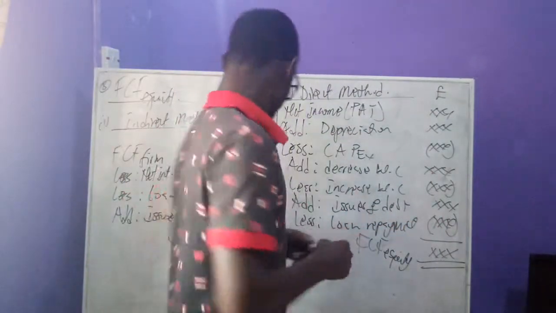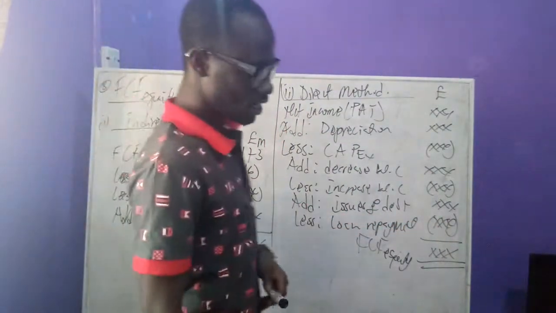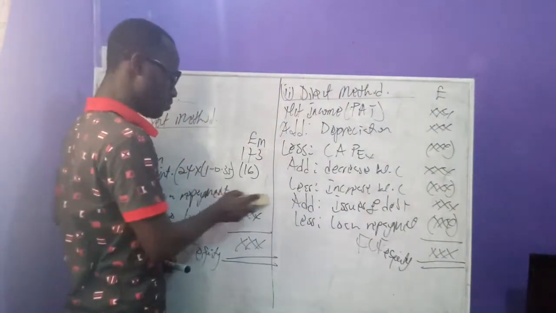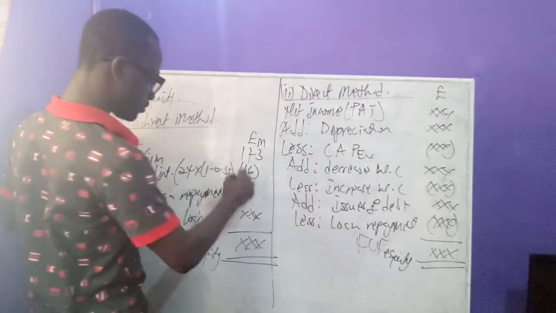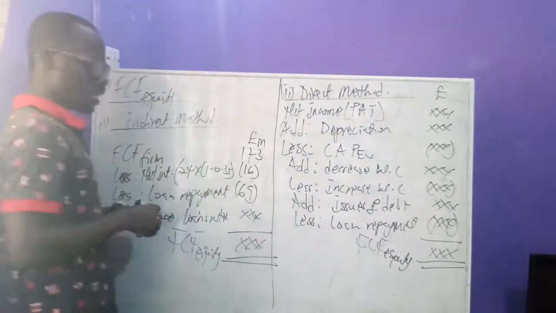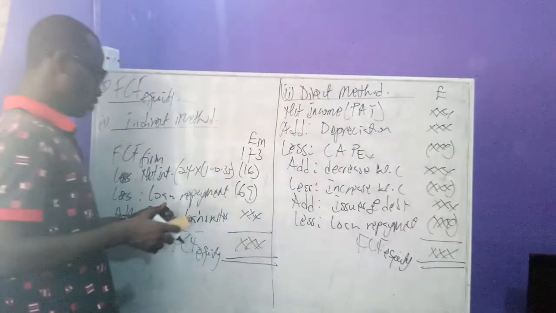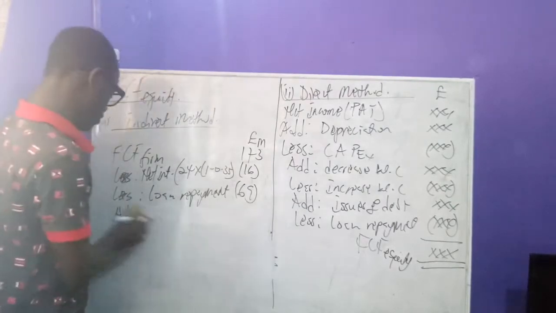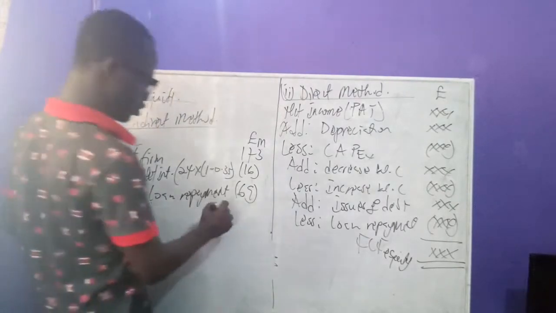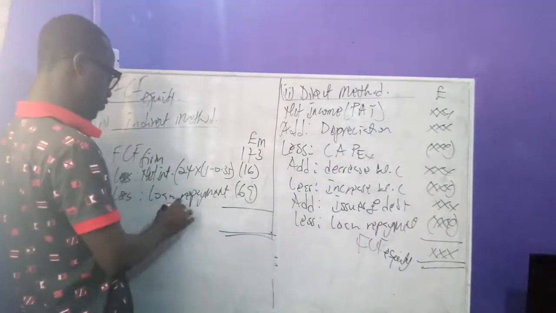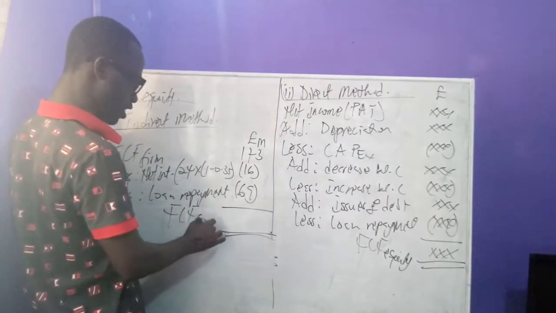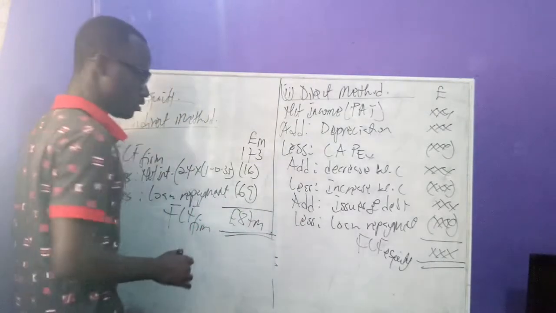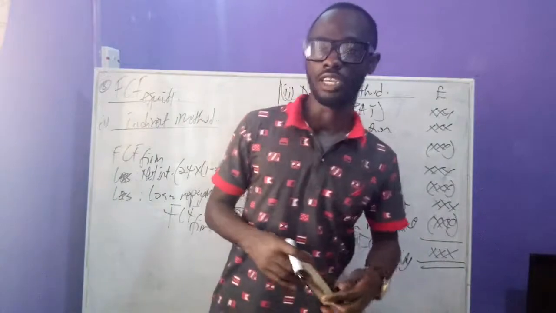Then we say loan repayment. In the question we were told that during the period loan repayments amount to 69 million. So we less that. Now during the period we are not told of any loan issue, so that will not be our problem here. So we add it up, and that will be 87 million pounds.